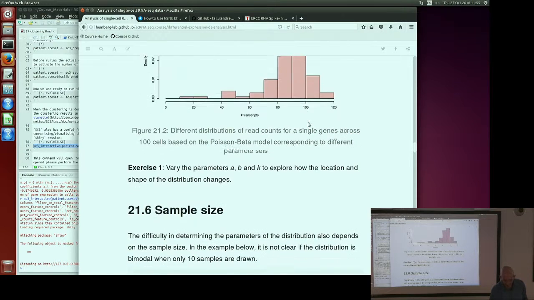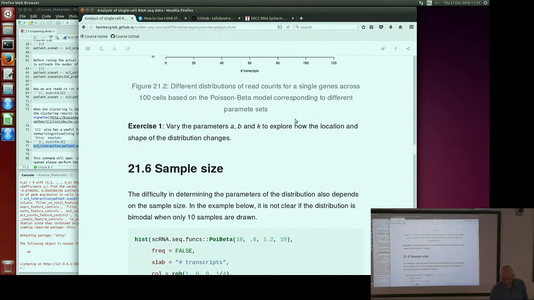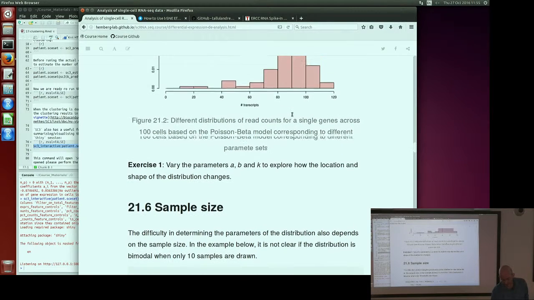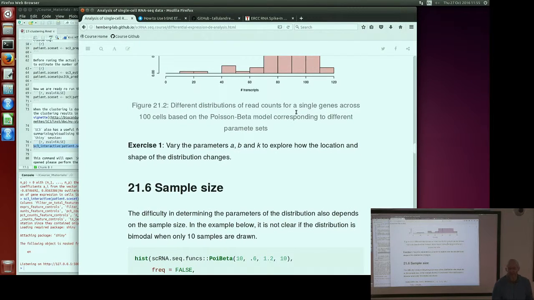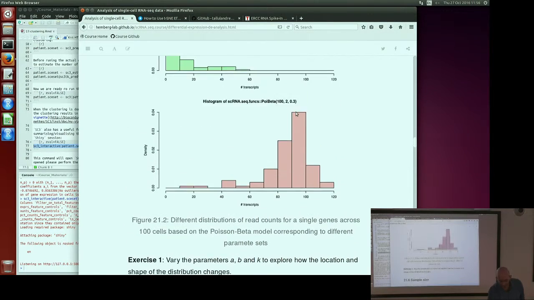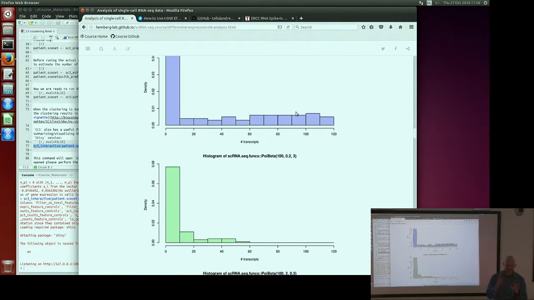Your first exercise is to try to explore this distribution by modifying these parameters. As I mentioned, the parameters A and B, the second and third parameters in this model, are related to the rate at which you're switching between the active and the inactive state of the promoter.